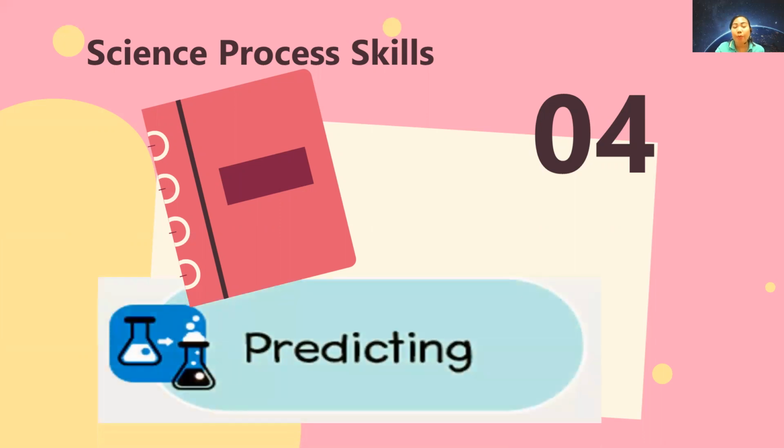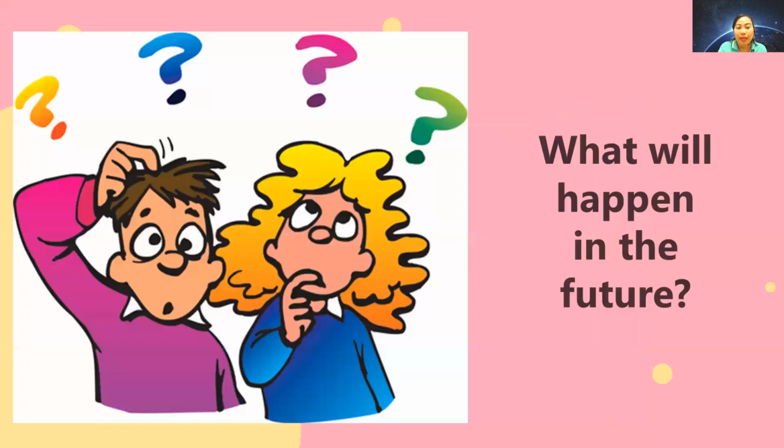Number 4 is predicting. Predicting is thinking what will happen in the future, okay? You are just predicting, making a guess, making a hypothesis, okay? Or an educated guess. Like, what will happen in the future? You ask yourself, what will happen tomorrow?